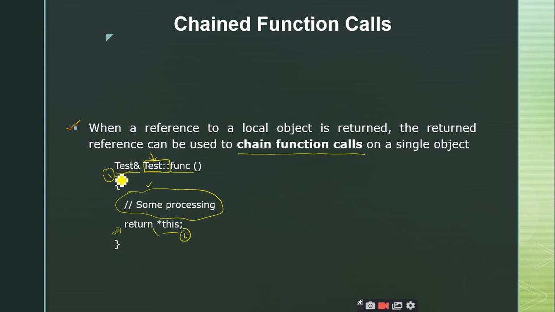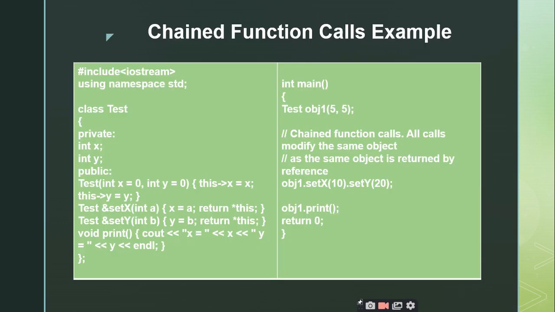So these two points are important: the return statement with star this, and the return type of the function with the class name and ampersand symbol. This is the reference and this is the dereference operator. Yesterday we went through this. Is it clear up to the syntax? Yes, sir.